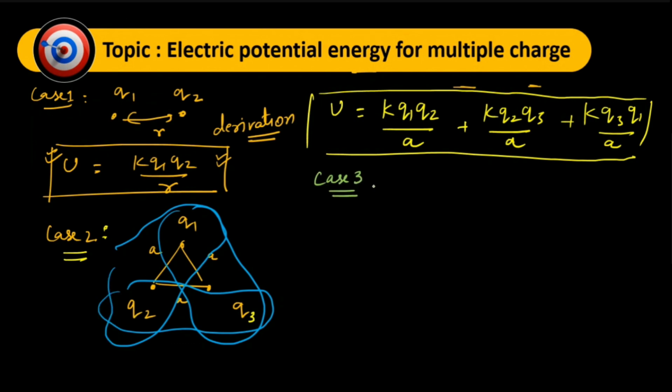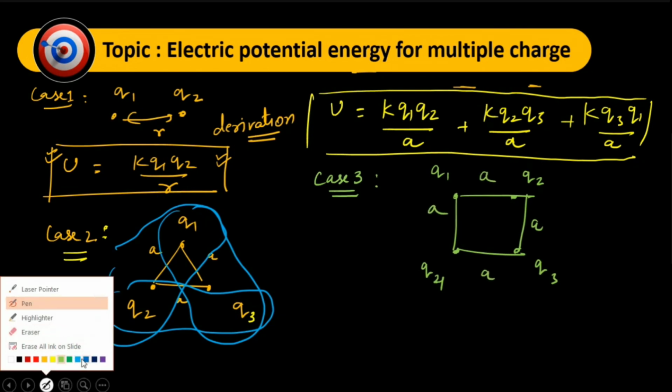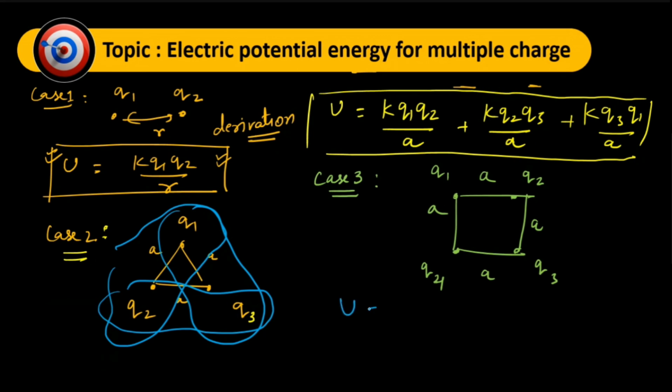Case 3. Let's make it more interesting. There are four charges Q1, Q2, Q3, Q4, and they are supposed to be put at the edges of a square, all separated by the distance A. So tell me what is the potential energy of the system?